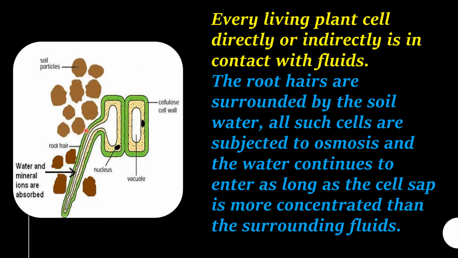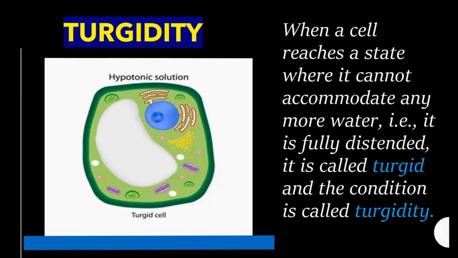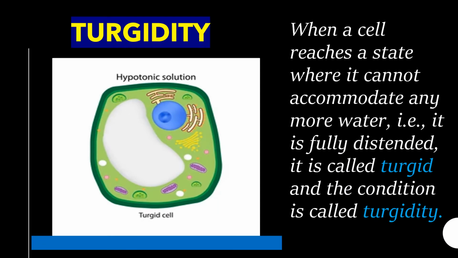Then what is the relation between osmosis and turgidity? Yes, we are discussing that. How can we relate turgidity and osmosis? First, we can see what is turgidity. When a cell reaches a stage where it cannot accommodate any more water, that is, it is fully distended, it is called turgid.